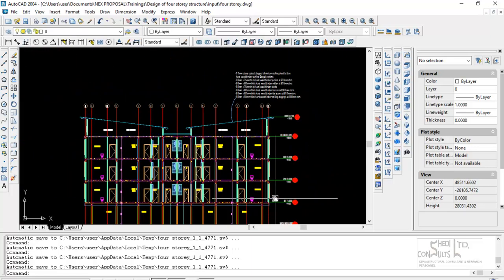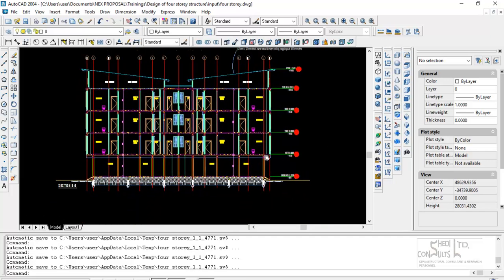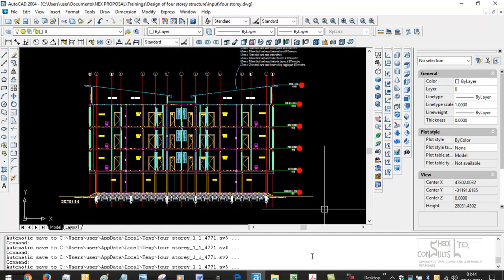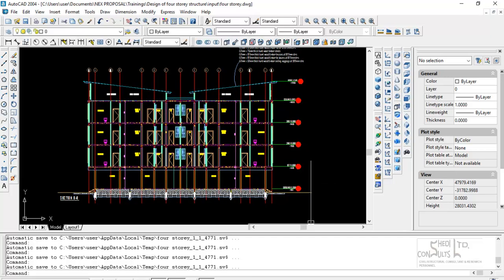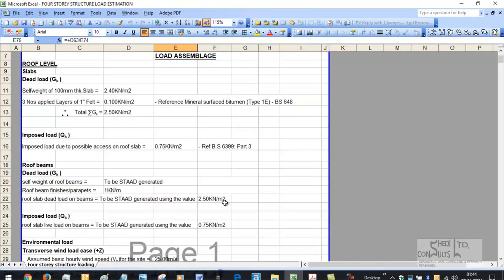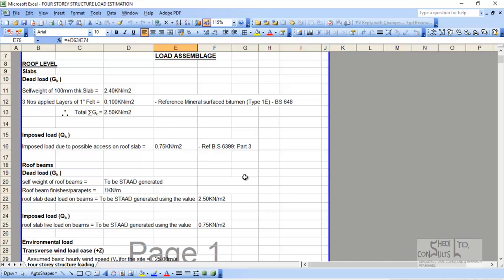So the categories of loads that you would have to calculate for this structure are divided into 3 broad spectrum. One, dead loads, or what we refer to as permanent loads, imposed loads, and then environmental load, which is wind load.